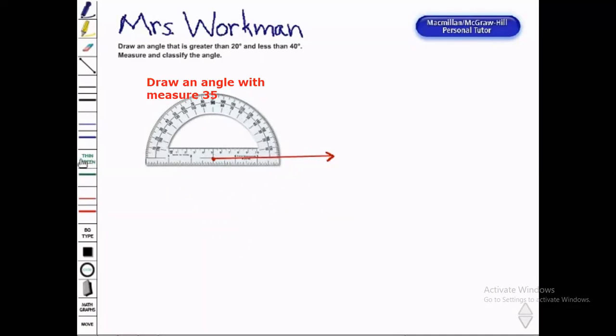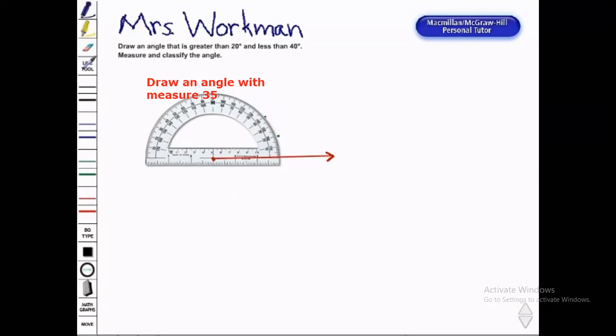We were told to draw an angle that is greater than 20 degrees and less than 40 degrees. So here is the 20 degree mark and there's the 40. When I draw that second ray, I want it to fall somewhere in there.